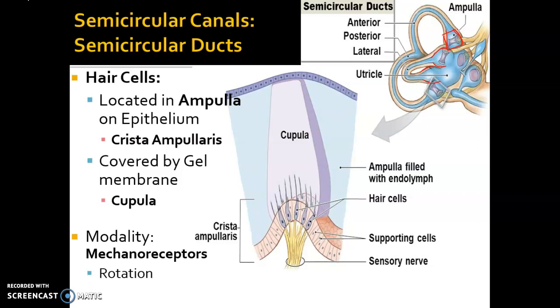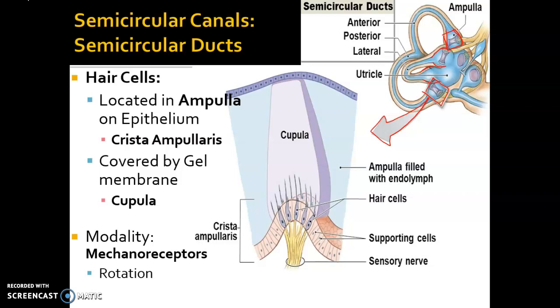And right now, this diagram has taken this barrel and zoomed in, and we will look into the cristae ampullaris that lies within the ampulla of the semicircular canal. All right, very similar to what we saw on the macula of utricle and saccule.